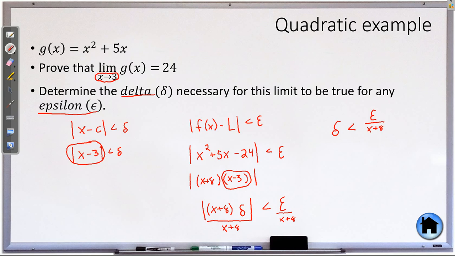But I want to make sure I'm safe here. So I'm going to pick a number that makes the denominator bigger. I'm going to be close to 3, true, but I want to make this denominator bigger. So what is a kind of ridiculous number that's far away from 3 that makes the denominator bigger? 3.1, 3.2, 3.5?